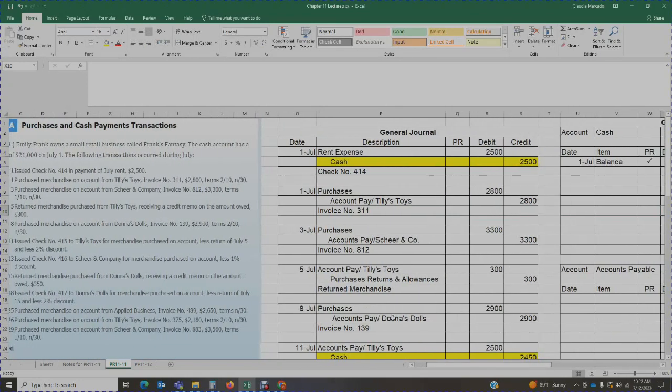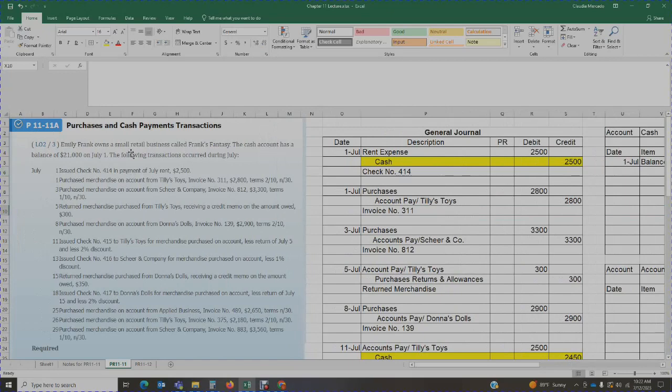Now, in this particular problem, they don't give you the information here, but the actual journal is broken down, transactions from the 1st through the 15th, and that's something that you need to be very careful with.